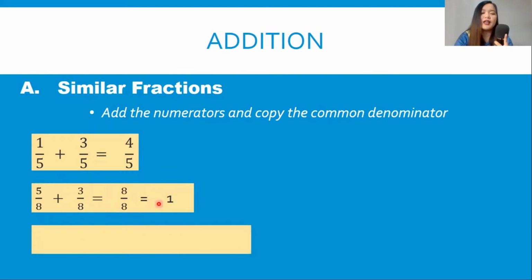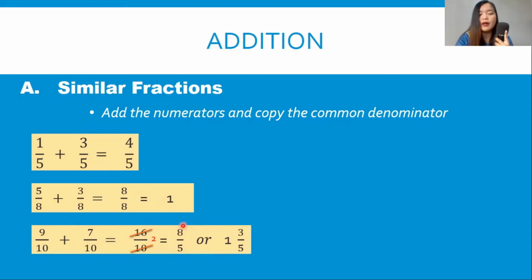Okay, again, another example in here is 9 over 10 plus 7 over 10. We know that the sum of this is 16 over 10, and if we simplify that, it will become 8 over 5. Why? Because you have to divide both by their GCF, which is 2, so 16 divided by 2 is 8, and 10 divided by 2 is 5.